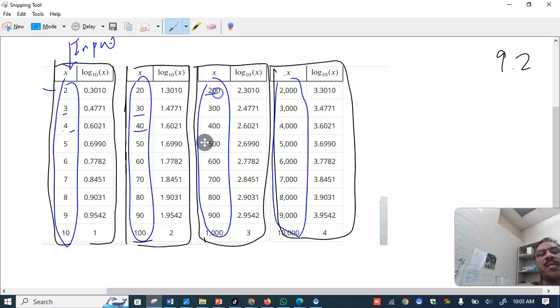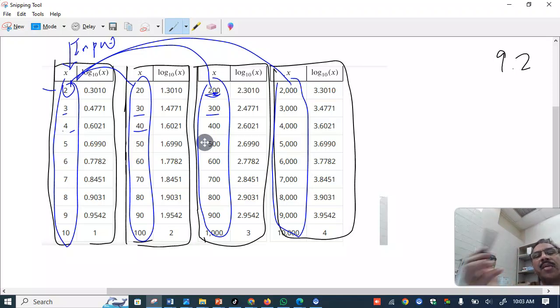The next one is 200. In the third table, you're multiplying by 100 relative to the first one. From the first to the second table it is times 10. From here, you multiply by 100. From here, you multiply by 1,000, you get 2,000. So that's an observation there.